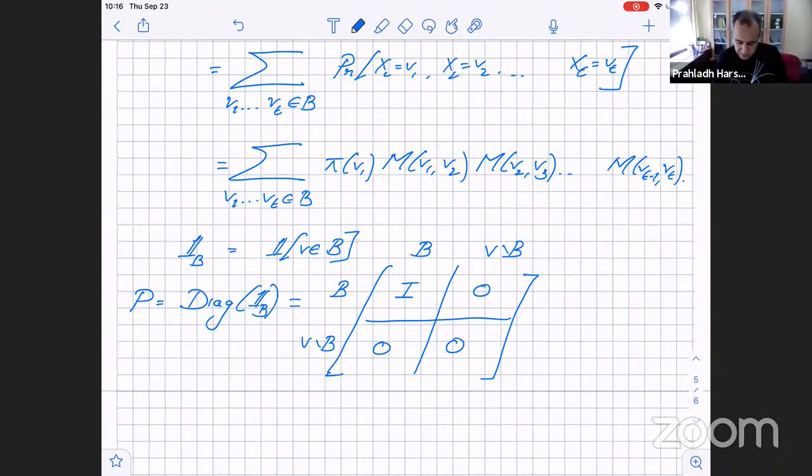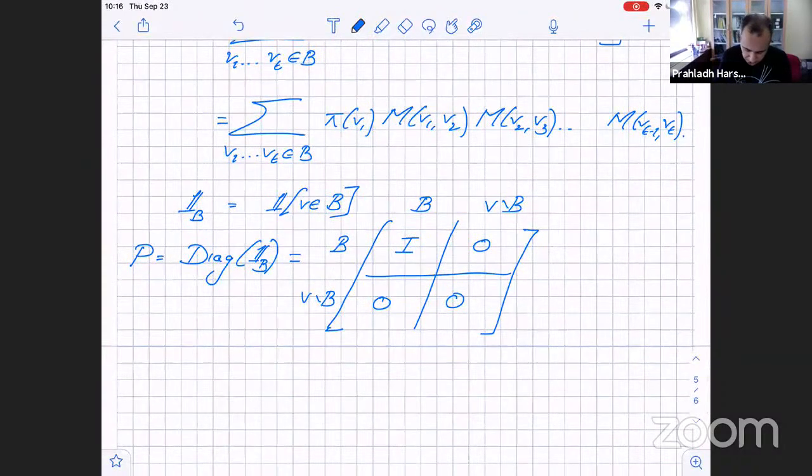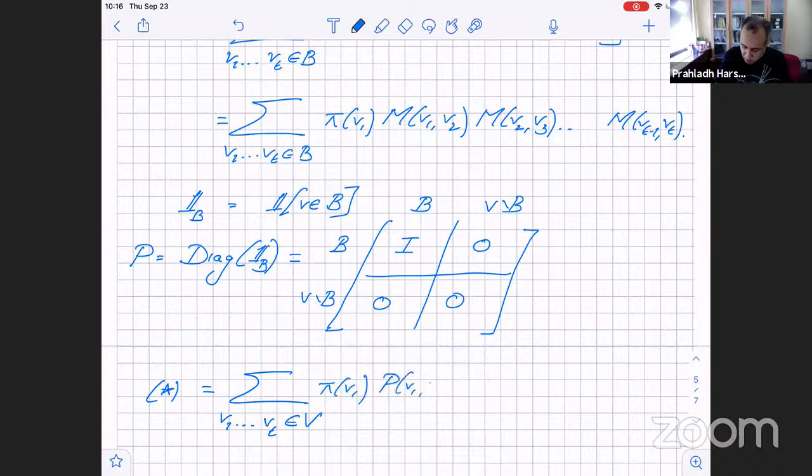Once I have this matrix, I can rewrite star in the following fashion. Star is the sum over v1, v2, ..., vt, now over all vertices, not just vertices in B, of pi(v1). But then I will put P(v1, v1). This will check if the first vertex is in B or not. If it's not in B, this would have gone to 0. Then M(v1, v2). Then I'll check whether the second vertex is in B, that's P(v2, v2).